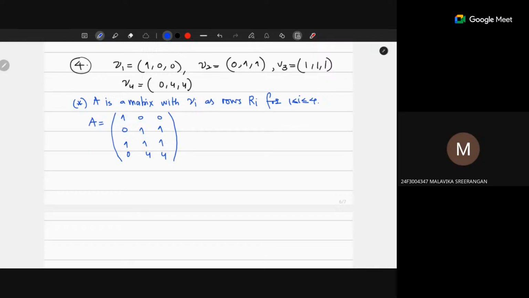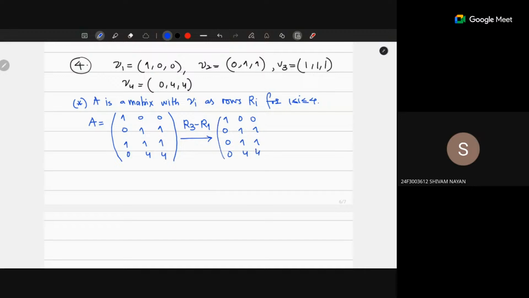So now we want to find out the basis of the null space of this matrix. How do we do that? We apply the Gaussian elimination. So R3 minus R1, and so we get 0, 0. R2 remains as it is. R3 changes to 0, 1, 1, and then 0, 4, 4.